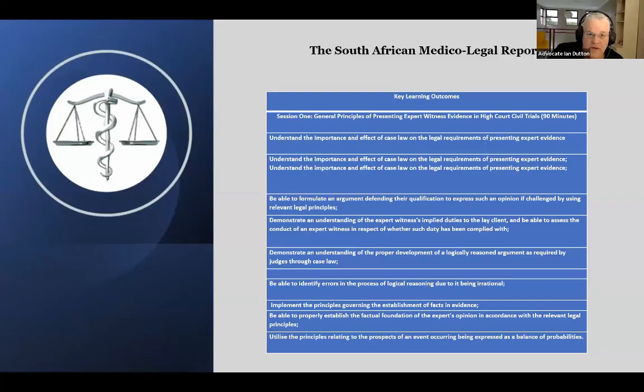All right, now just having given that background, I would like to take you through the learning outcomes from the course. The course is very much based on focusing on learning outcomes, and we've set out the key learning outcomes, and you will see from them that it's extensive. So the outcomes that we're looking for from this course are extensive and cannot simply be taught on a Saturday 6-hour session and then on another mock trial session of 6 hours.